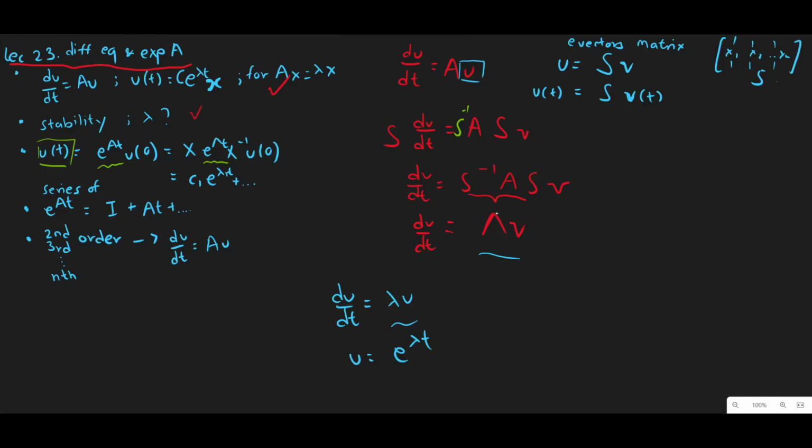Right now v is a vector here, so let me make it bold to emphasize that v is a vector. So what we have is dv1 over dt equals lambda 1 v1, and the same goes for lambda 2 v2.